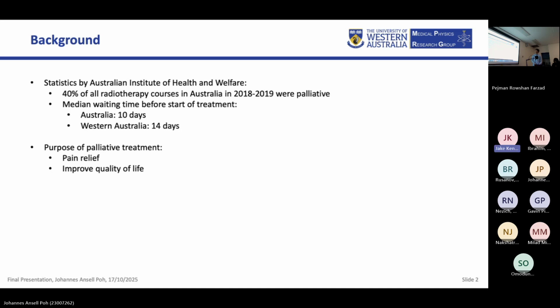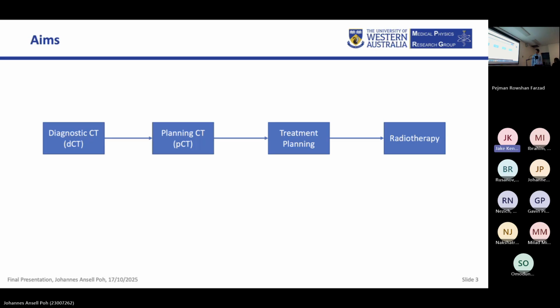So, ideally, we want to treat the patient as quickly as possible in a way that's as convenient as possible for them to improve their quality of life. The standard radiotherapy treatment workflow is that the patients will come in for a diagnostic CT.